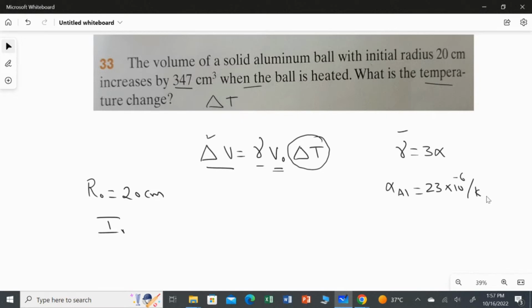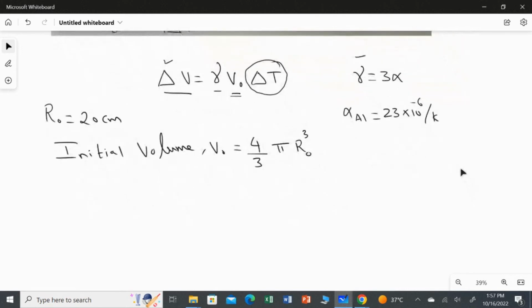So the initial volume of the ball V naught is equal to, we know the formula for the volume of the ball. Actually, the volume of the ball is nothing but the volume of the sphere, 4 over 3 pi r cube, but here the initial radius is r naught, so r naught cube. I'm going to substitute the value here. V naught is equal to 4 over 3 multiplied by pi multiplied by 20 the whole cube.